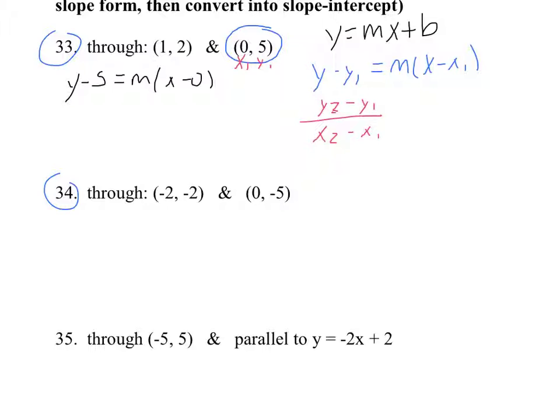Make sure you have the y's on top. Okay, so that was a problem in our quiz. So I will take 5 minus 2, those are the y's, and I'll take 0 minus 1, those are the x's, and that gives me a 3 over a negative 1, which is negative 3.